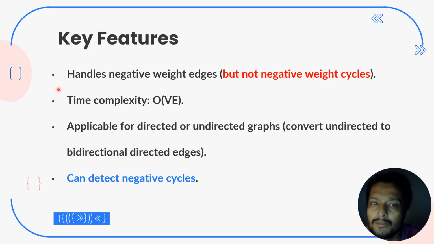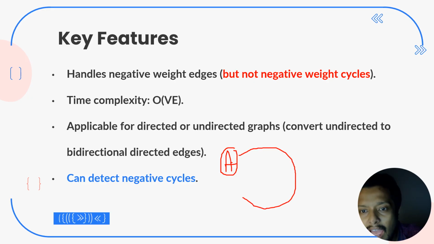What are the key features? One of the key features is that it can handle negative weight edges. Remember, it cannot handle negative weight cycles, because if your graph has a negative weight cycle, what it actually means is that starting from some point A, you can go in a cycle and come back to A such that your cost has decreased.